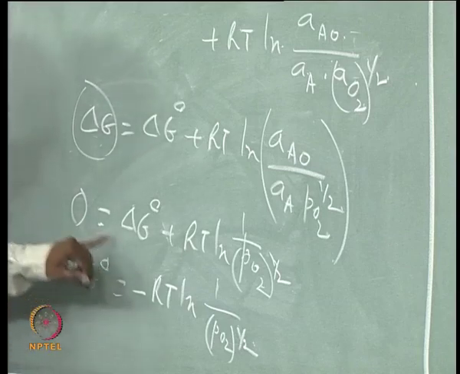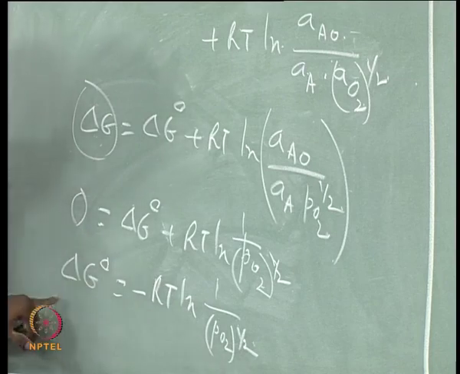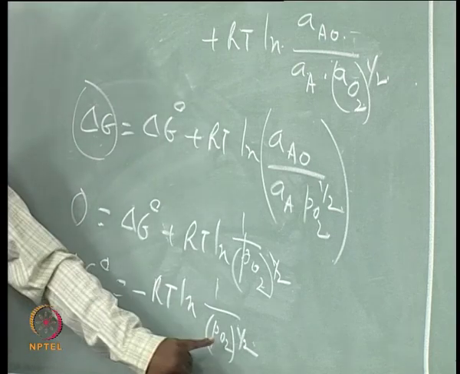So, either measure the delta G or measure the PO2, and you can see both of them are related to each other.